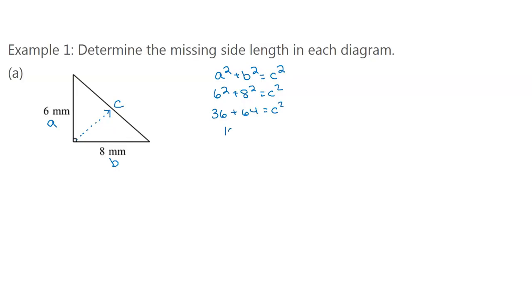Adding those together, I get 100. Now 100 is the value of c squared. In order to get what c is, I just need to find the square root of 100. And the square root of 100 is 10. So c equals 10 millimeters.